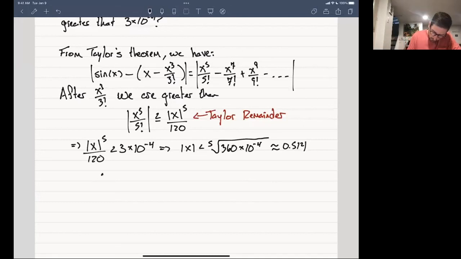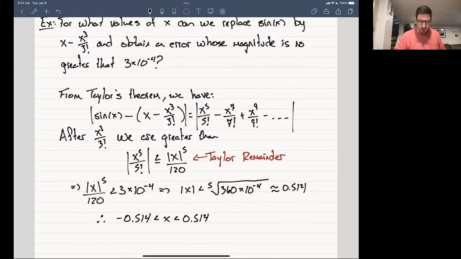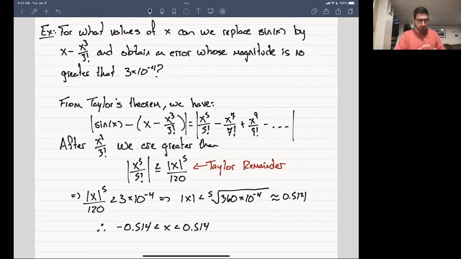So therefore, minus 0.514 is less than x, which is less than 0.514. That gives you the range of x values for which you can replace the sine function by x minus x cubed over 3 and guarantee that those two functions are within 3 times 10 to the minus 4 of each other.